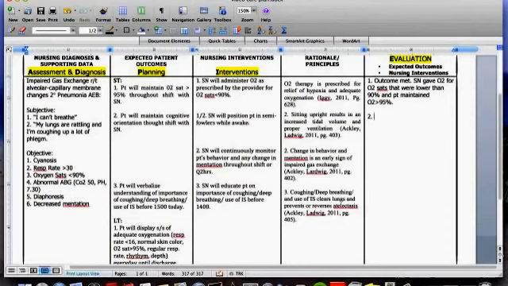What about our next one? Did our patient maintain cognitive orientation throughout shift? Why, yes, she did. Outcome met.